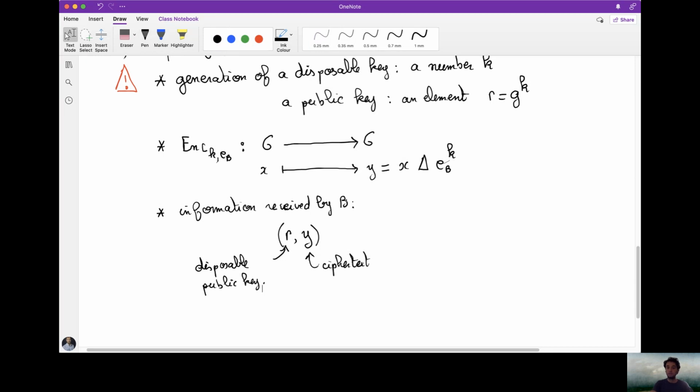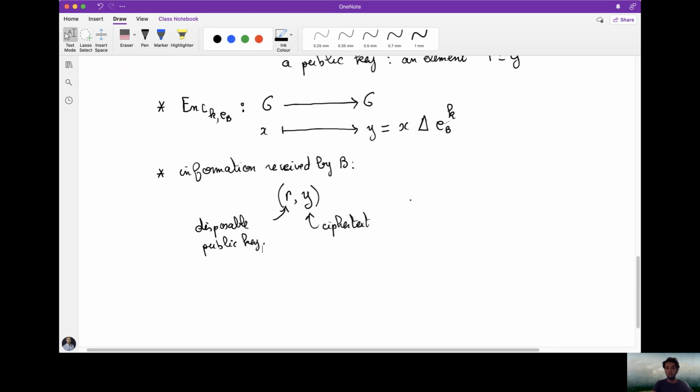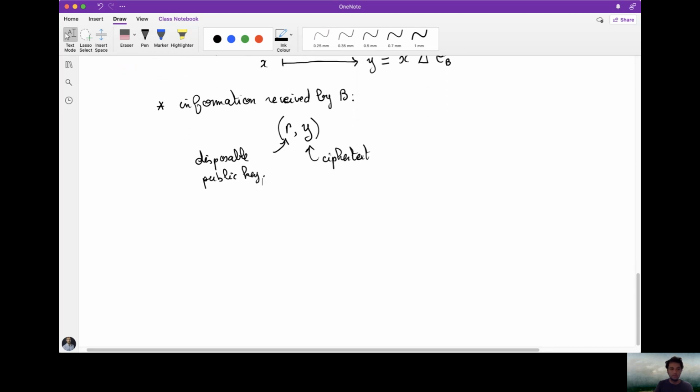Okay, and the last thing that we need to understand to have everything about the Elgamal cryptosystem is the opposite transformation, so how to decipher a message. Deciphering by B, right? B is the one deciphering a message.